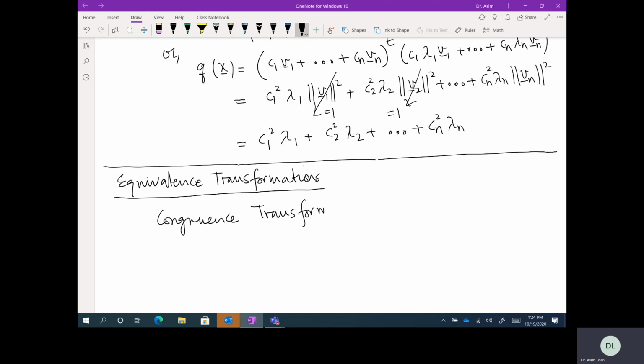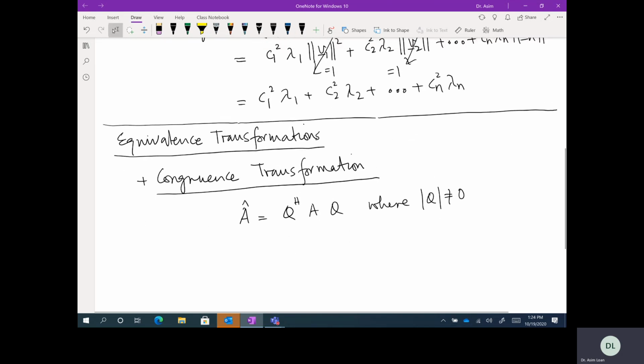And what happens in the congruence transformation? In the congruence transformation, A hat equals Q Hermitian A Q, where Q is non-singular. This is called the congruence transformation of A.